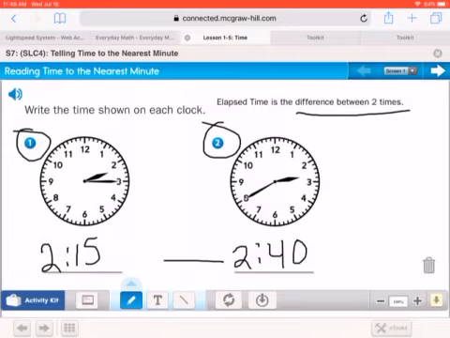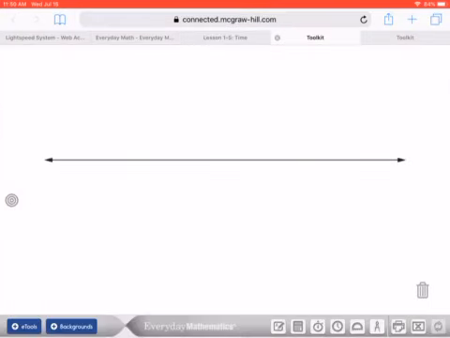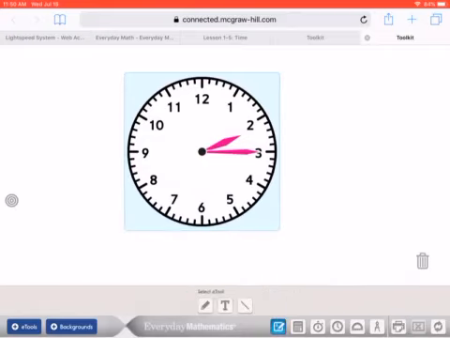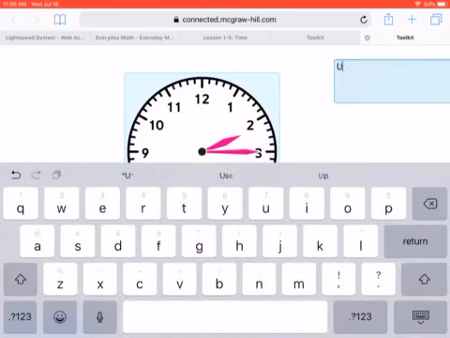Okay, first we're going to try using a toolkit clock. And so I want us to really focus up here. We are going to be using the units minutes. Okay, our unit is minutes.